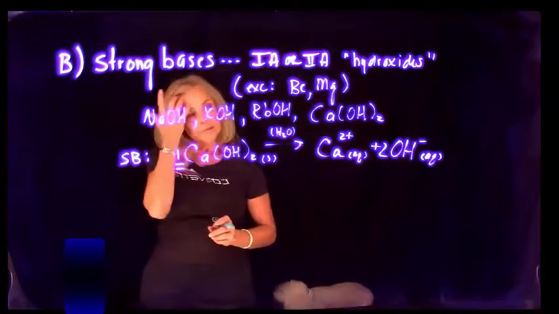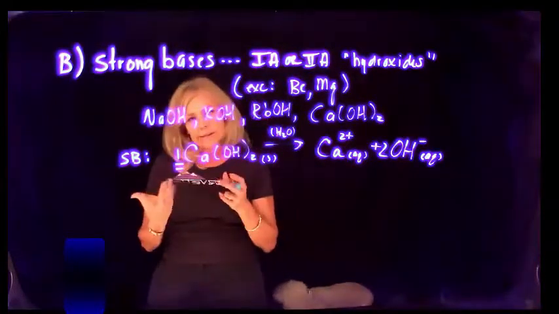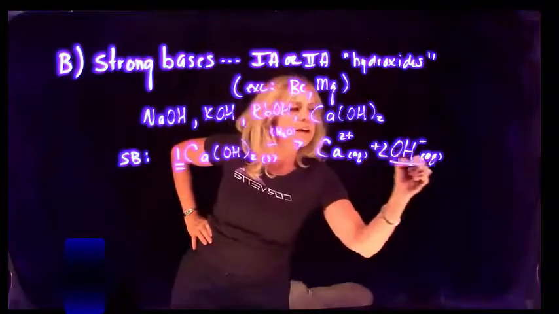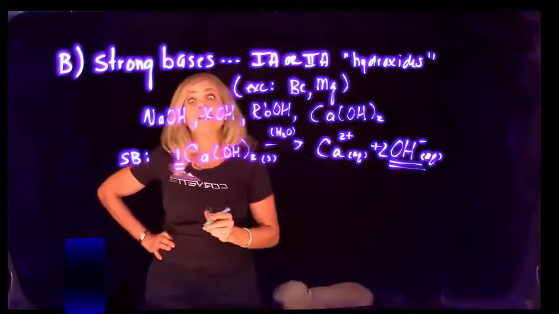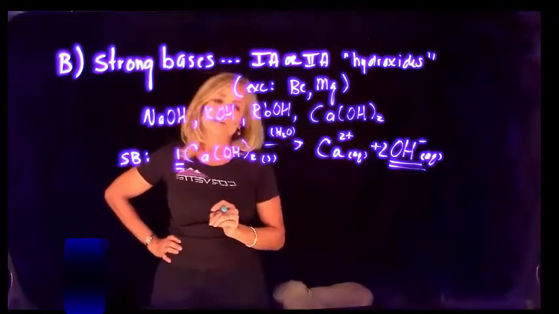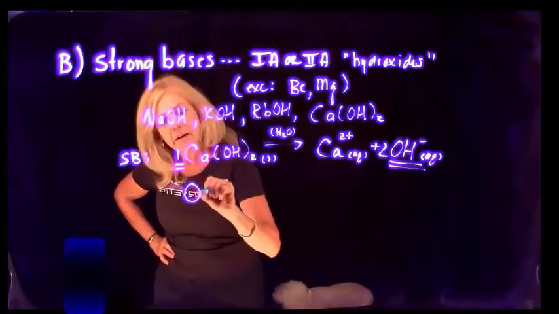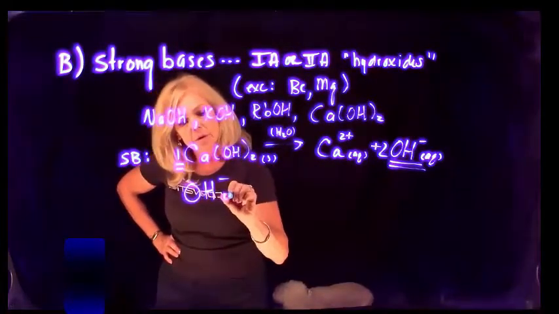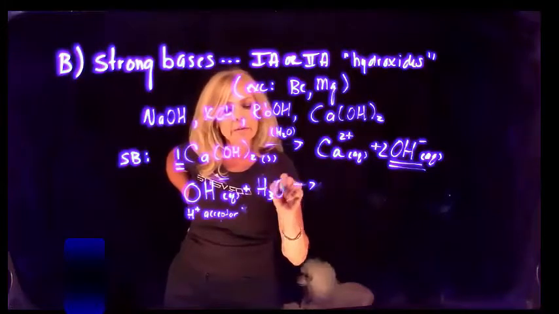Very simply. Now, why is it a strong base? Well, you've produced the hydroxide ion, which is the strong base. Hydroxide ion is going to go next with hydronium ions.